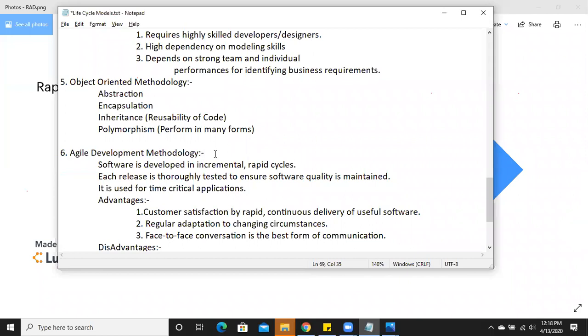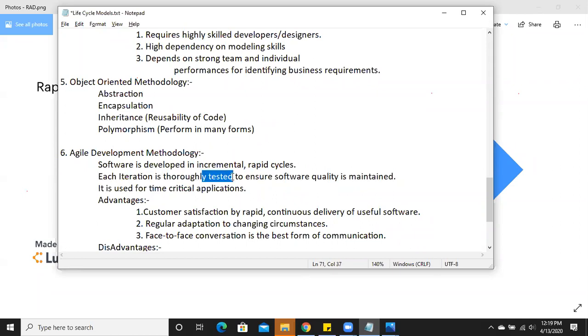So this is not a new tool in the market, because we are just combining the rapid application development model and the incremental model with each other. All right. Each release is thoroughly tested to ensure software quality is maintained. Each release means each iteration, you can say each iteration in our product is thoroughly tested.